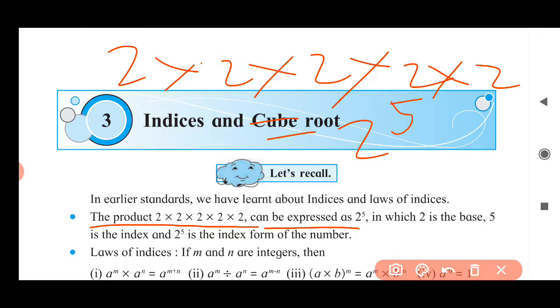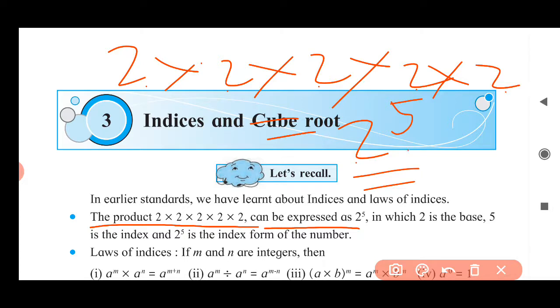How many times the number is given and multiplied as the same number. Here 2, 1 2 3 4 5, you can raise to 5.